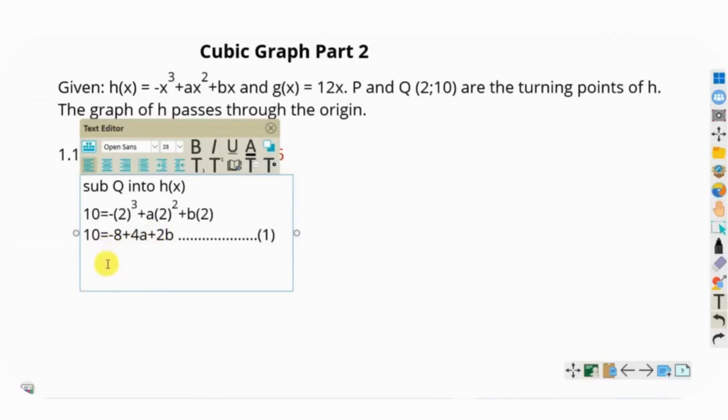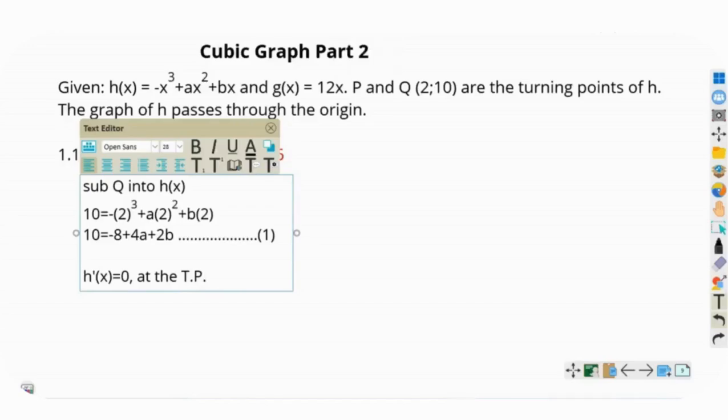I know that the gradient of the graph, h prime, the gradient of the graph is equal to 0 at the turning point, right? And we know the x value of the turning point.